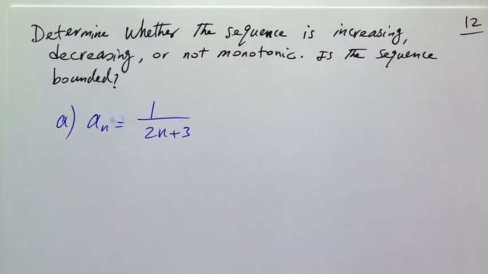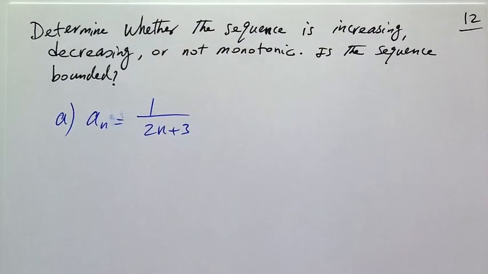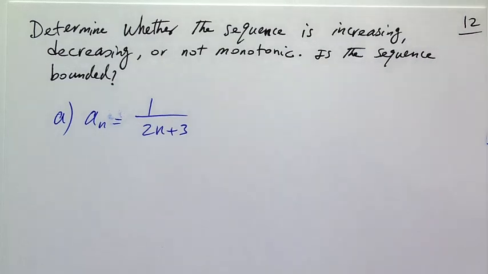Okay, so when we talked about increasing and decreasing sequences, remember that we talked about, if I can find it here in one of my notes, let me see if I can find it so I can show you.